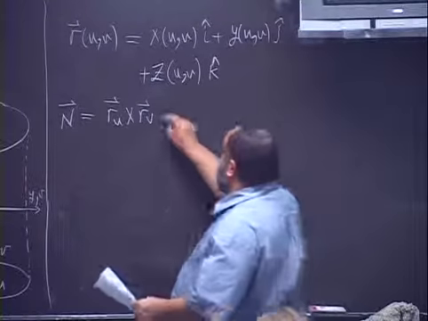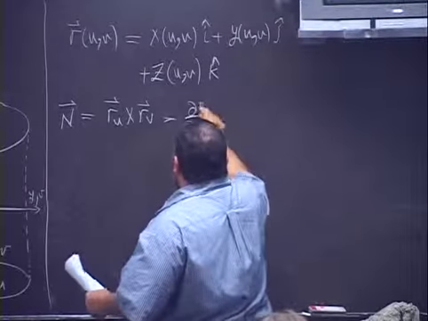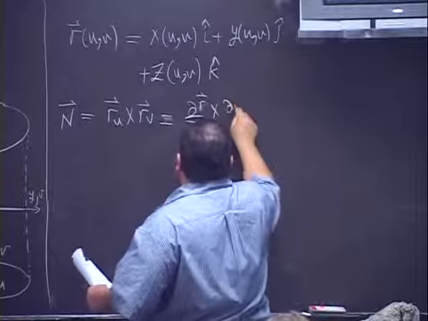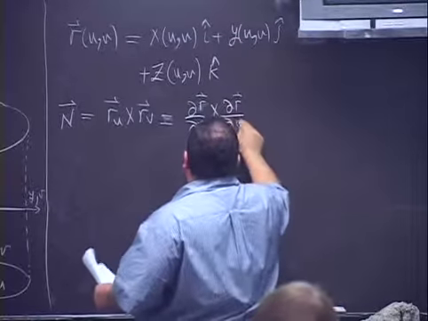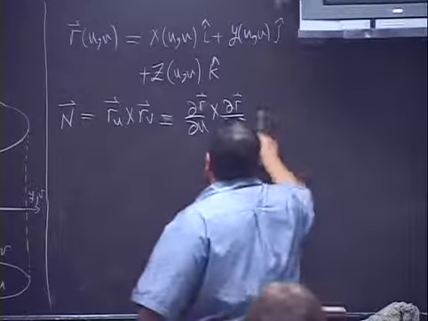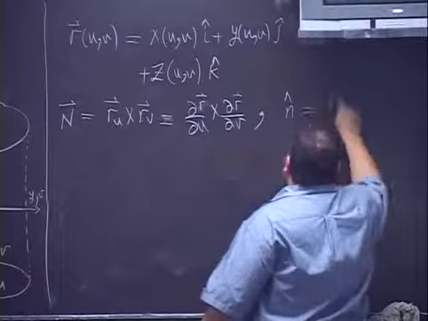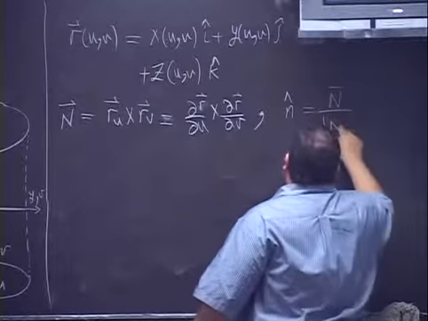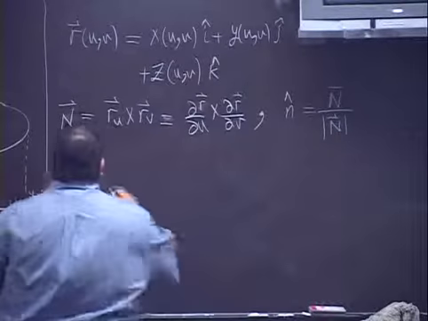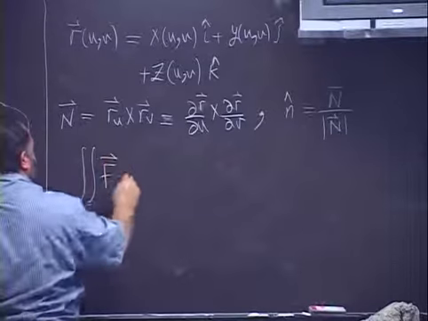So this is just dr by du crossed with dr by dv. And the unit vector is just equal to what? N divided by the magnitude of N.